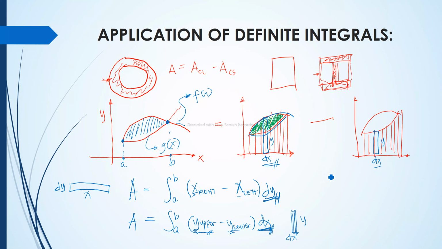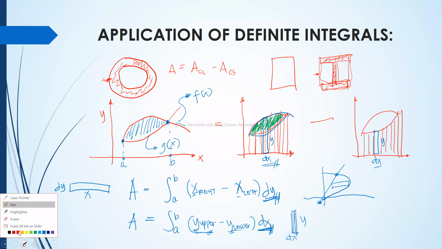For the horizontal differential element, an example is like this. Let's say we have a curve like this, and then bounded by this one. We need to use a horizontal differential element with that one. The same concept applies here.